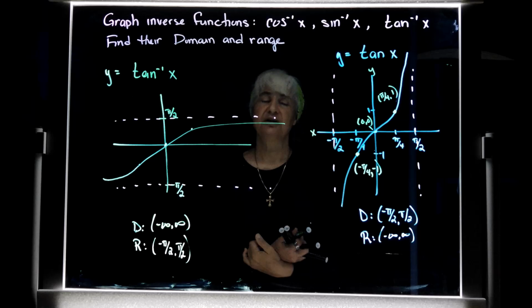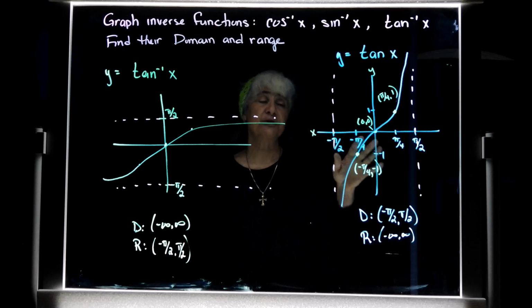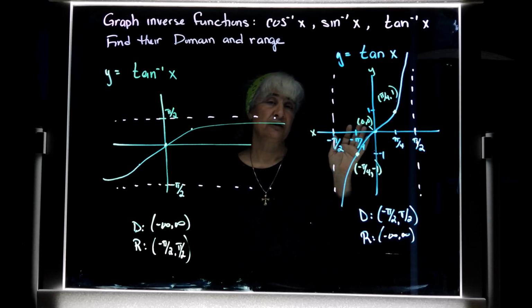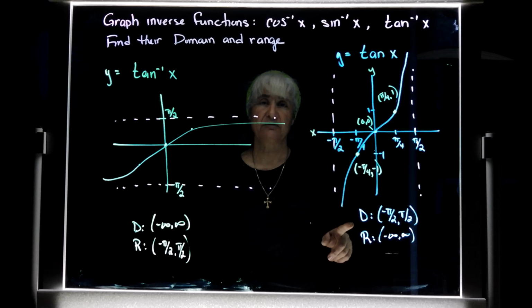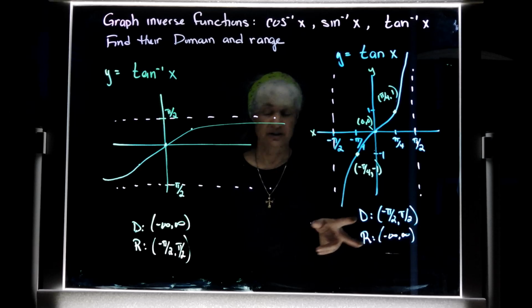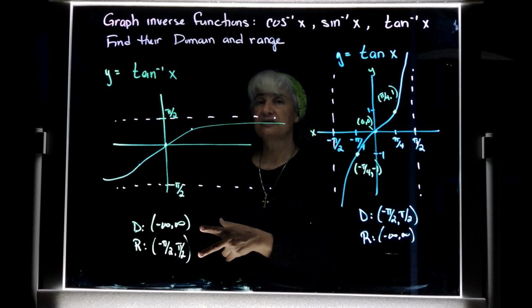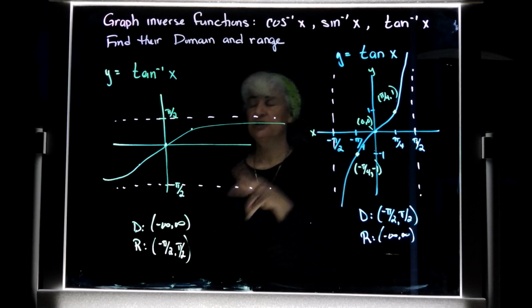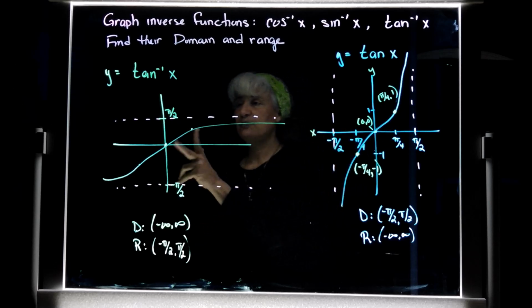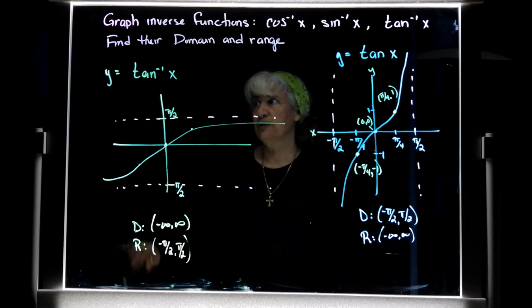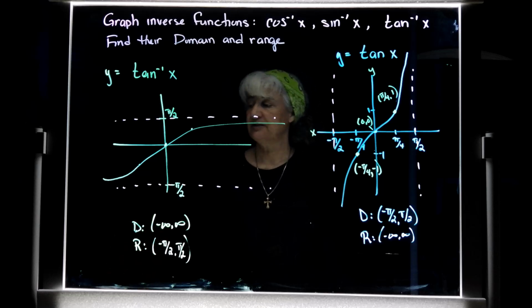Good? Okay. Again, we were fortunate with the graph of tangent. It was already 1-to-1. I did not have to limit the domain. The domain and the range switch on the inverse function, since this is 1-to-1, which means I did the same thing with these points, and now this is what the arctan graph looks like.